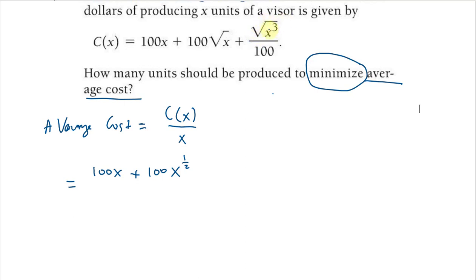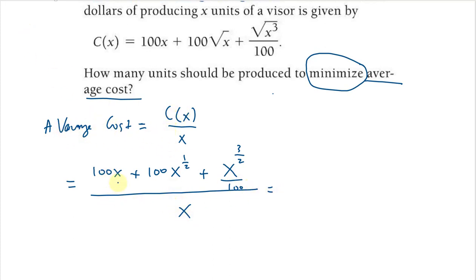The square root of x to the third power is the same thing as x to the 3/2 power. 1/2 is the square root because we have the power of 3, that's why you have 3 here, and divide by 100. Now this is the C of x function. We divide by x so that we can get the average cost.